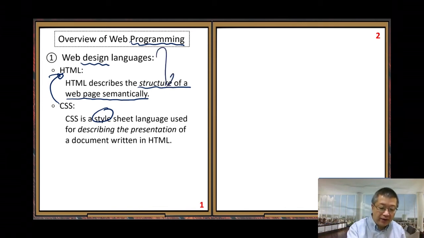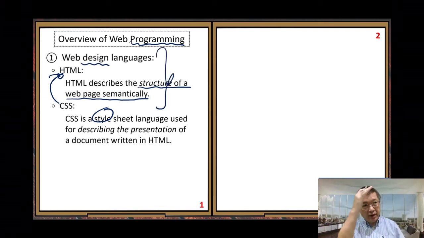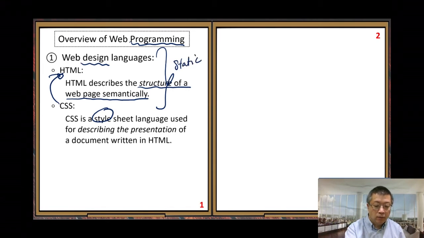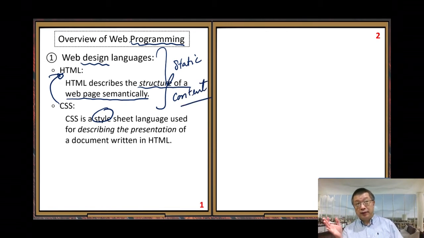Both work together. We use HTML and CSS both for static content, not dynamic content. What do you mean by dynamic content?